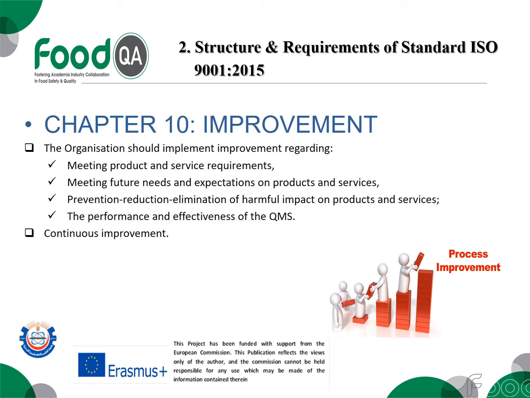Chapter 10 or standard number 10, which is improvement or continuous improvement. The organization should implement improvement regarding meeting product and service requirements, meeting future needs and expectations on products and services, prevention, reduction, elimination of harmful impact on products and services, the performance and effectiveness of the quality management system, and finally to look at the continuous improvement.